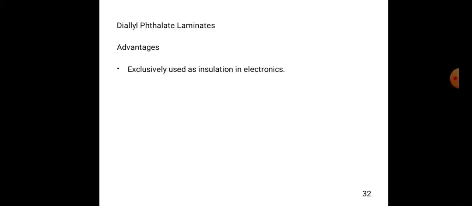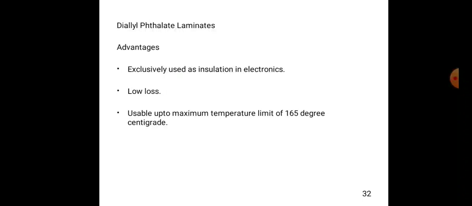Wherever we require insulation of the electronics, we use this type of laminates. The cost of the laminates is low and also usable up to a maximum temperature limit of 165 degrees centigrade. Until 165 degrees centigrade we can use this type of laminates.